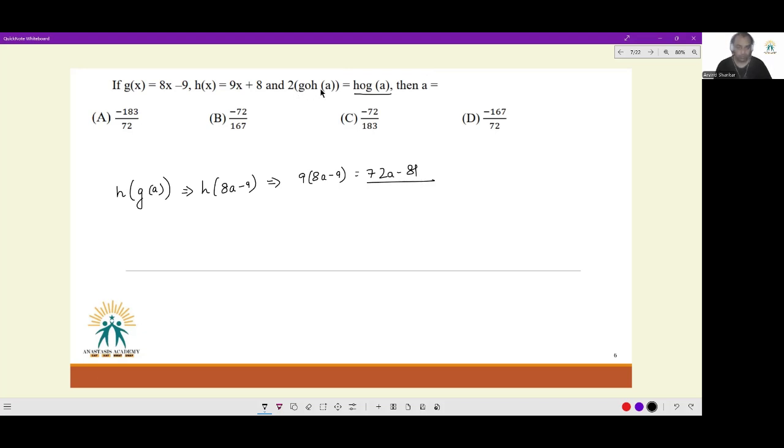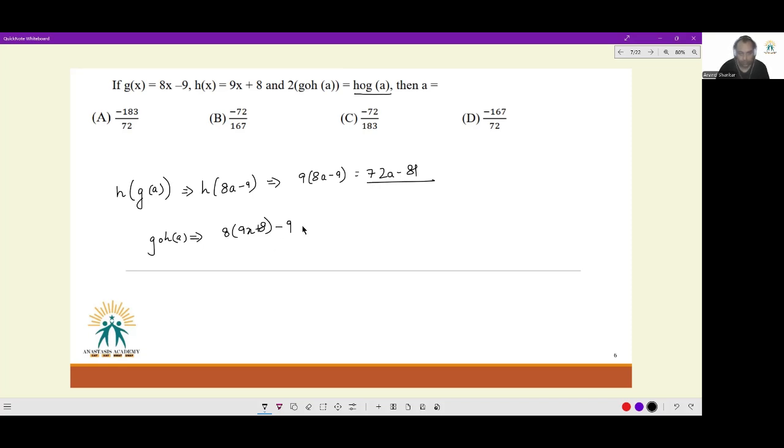Now let us do g of h of a. Hopefully this processing is understood. So I will directly jump to g of h(a), which will be 8 times 9a plus 8 minus 9.